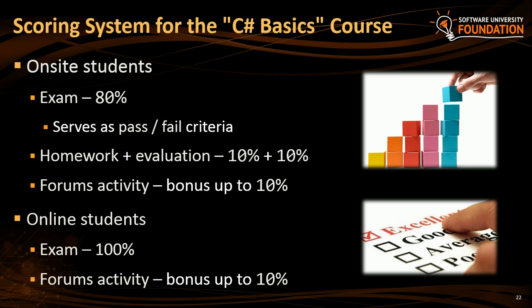At the exam, if you have the maximum results, you take 80 points. If you have submitted all your homeworks and they are good, well prepared and submitted on time, you will take 10% more. And if you evaluate other people's homeworks as you are requested, you'll take another up to 10%.